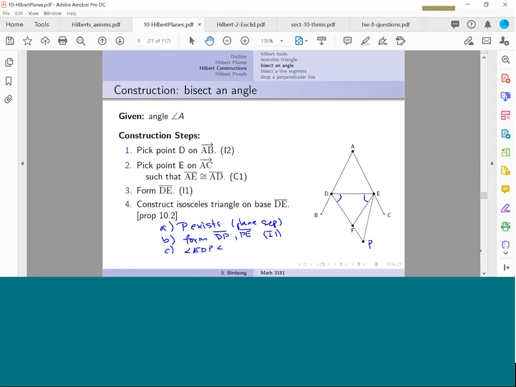The other angle was DEP, and we knew that was true by proposition 8.5, and that meant we could copy our angle EDP to that ray ED, and that was copy an angle, so C4.